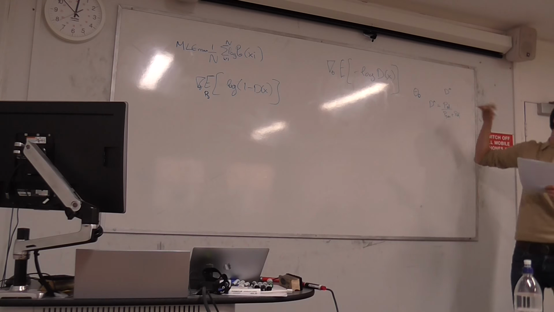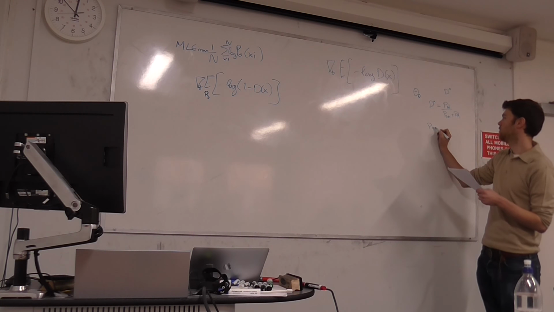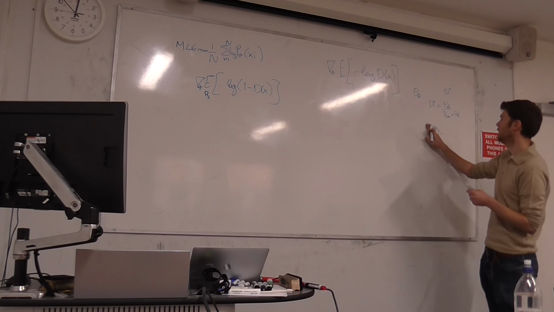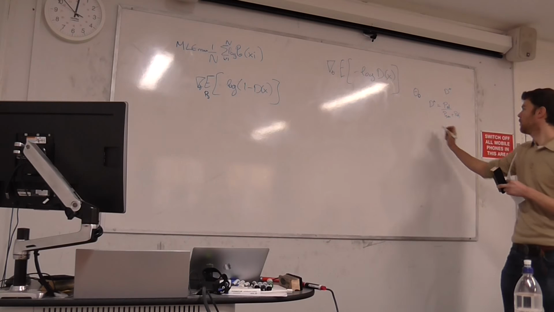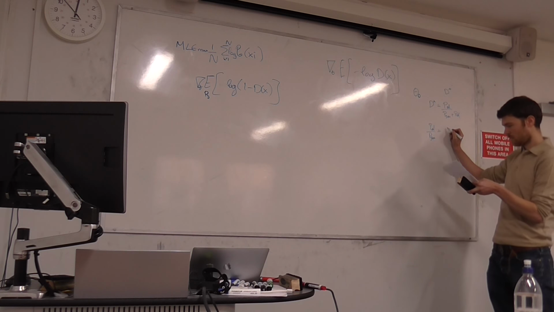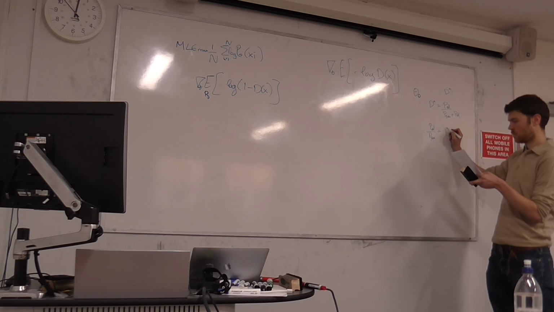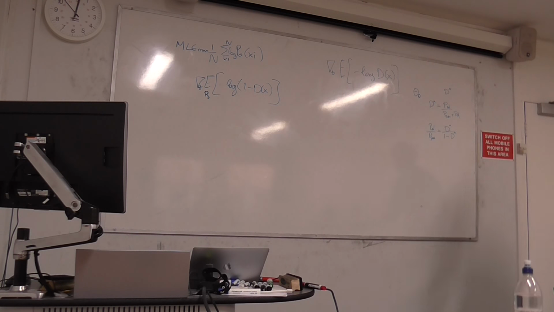If we rearrange this, we get PD over PG theta 0 equals D star over 1 minus D star. All I did was rearrange.